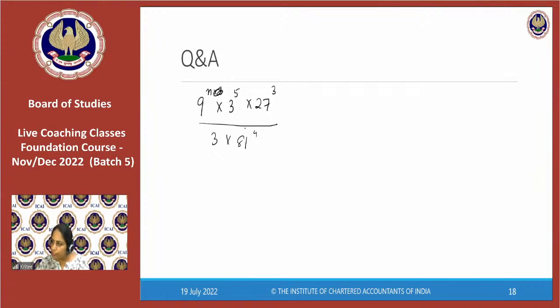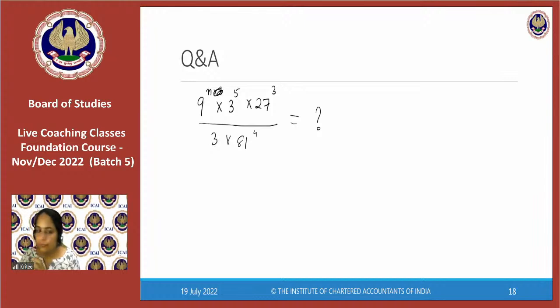No, your question is not typed correctly, sorry. Because it has to be equal to something, then I'll be able to find out the value of n. Only then we will be able to get the value of n.